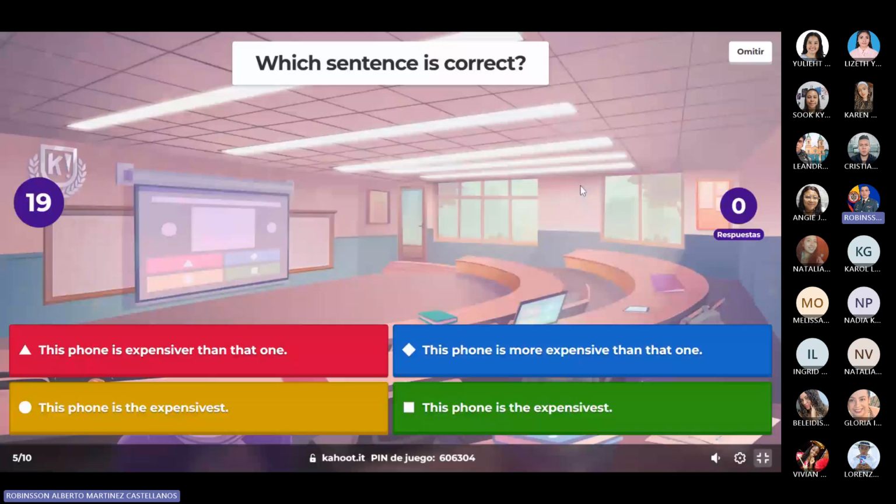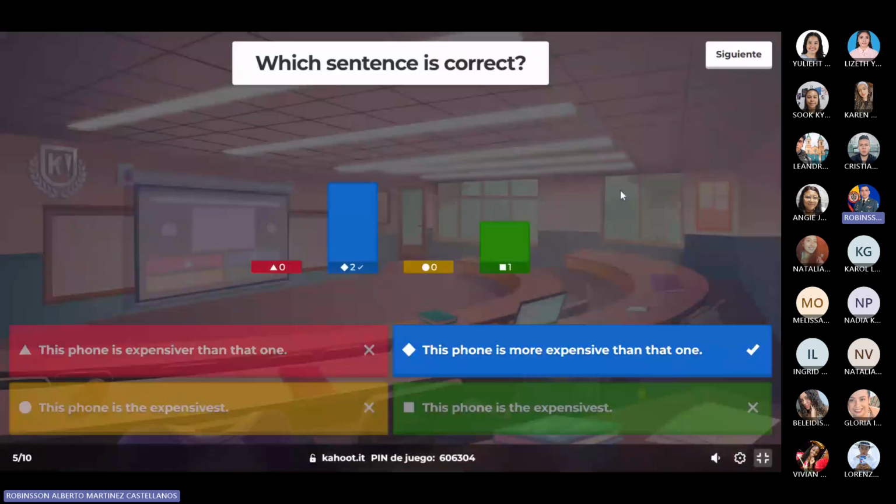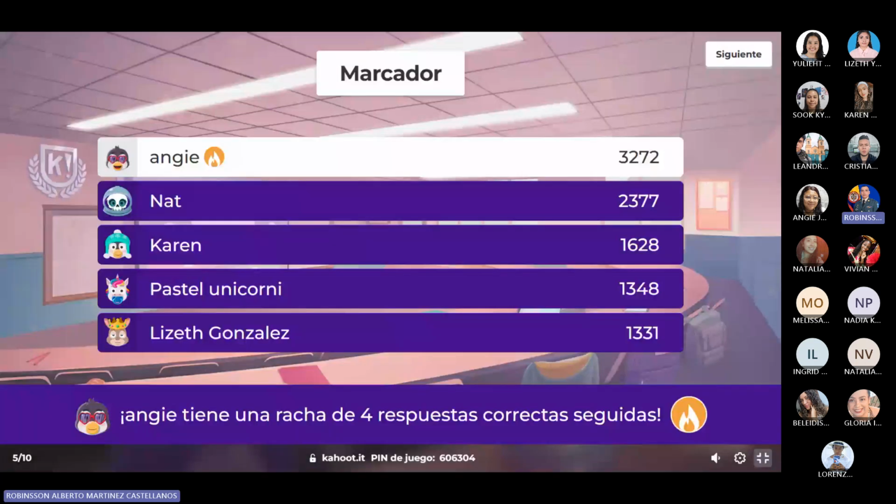Which sentence is correct? Very good. It's a comparative. Remember the structure. When we have more than two syllables, we have to add more or most if it's a superlative. Okay, very good. The next question.